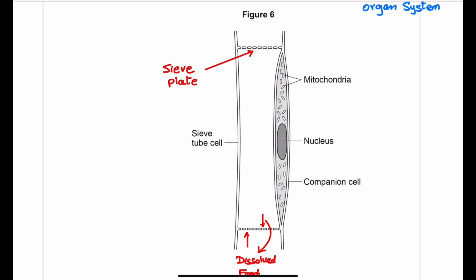We can see that they are hollow tubes, but these cells need energy. So mitochondria will produce energy, the companion cell will use energy, and the extra energy is given to sieve tube cells so that they can work and move the sugar up and down in the plant.